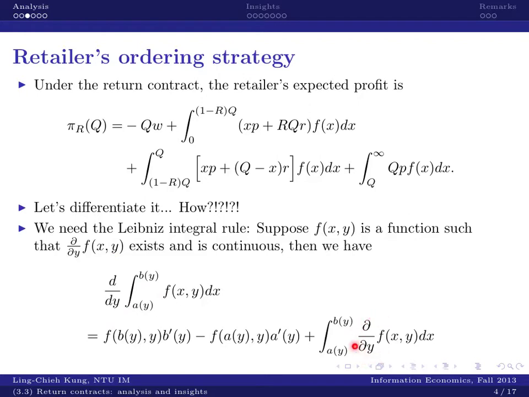You do the differentiation here, and after you do the differentiation, you do the original integration. So the Leibniz integral rule is telling us how to deal with this kind of situation, how to solve the differentiation of pi r of q.